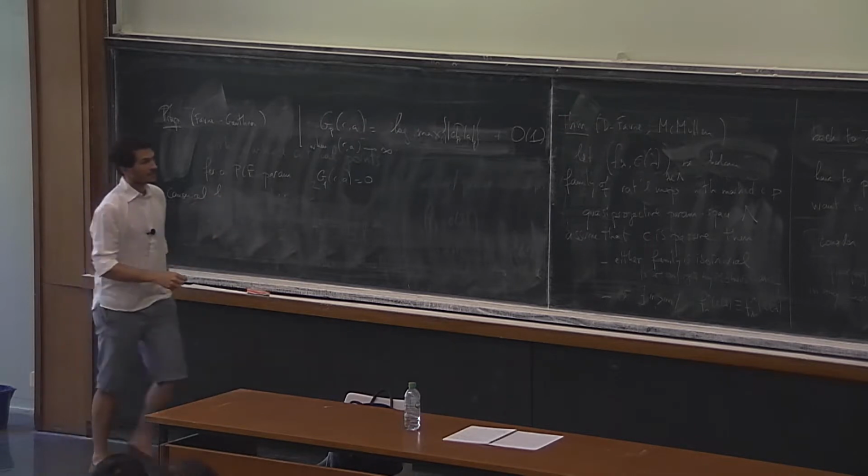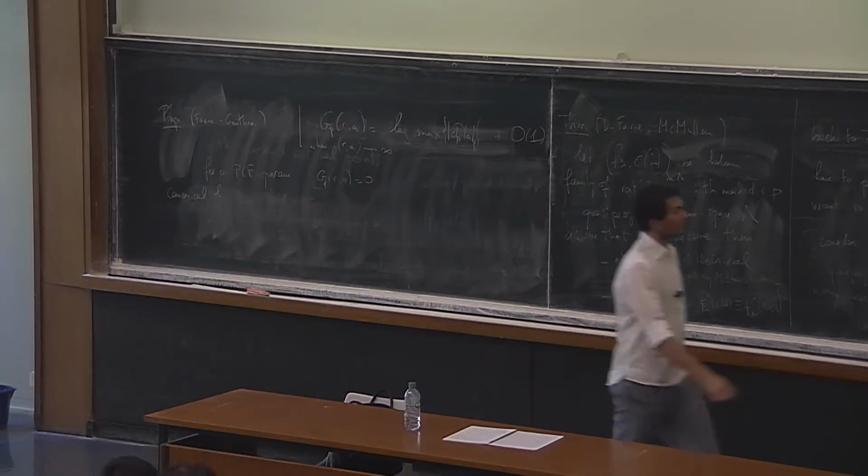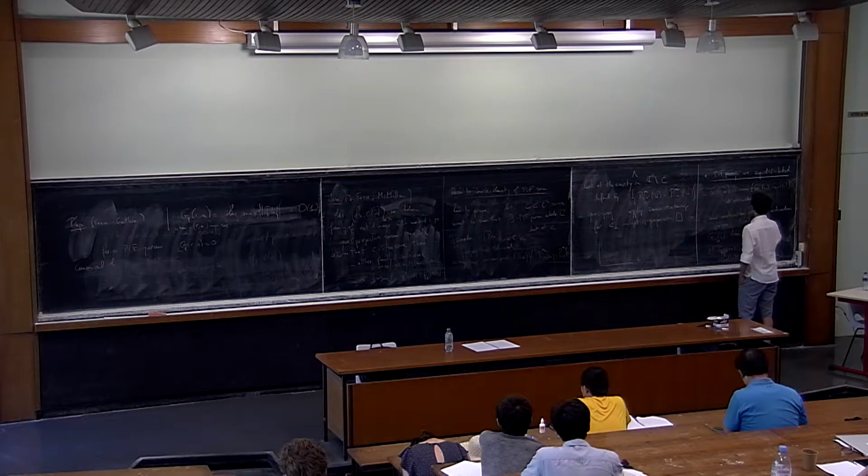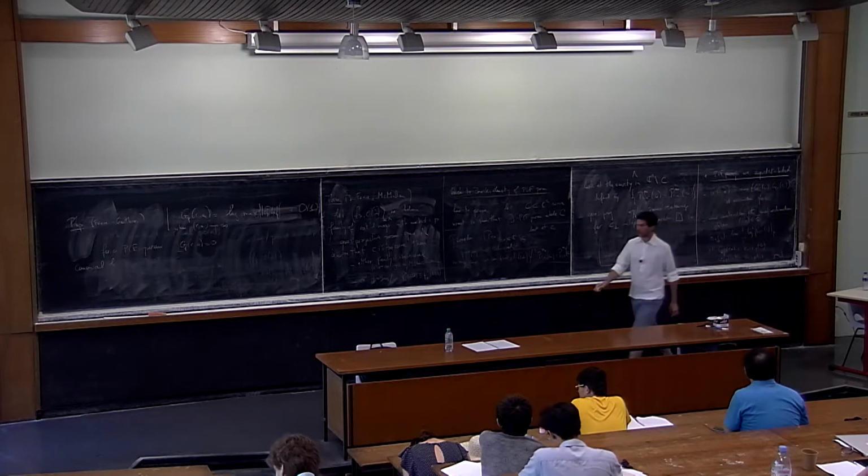So now I must assume that CA is in Q bar here. So of course, I must assume that the parameters are algebraic.